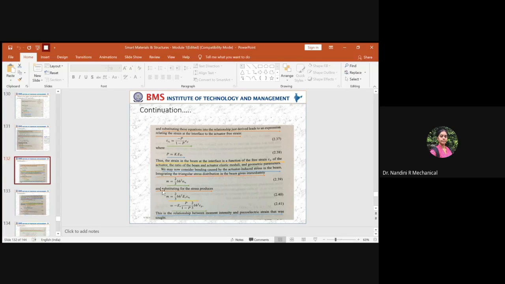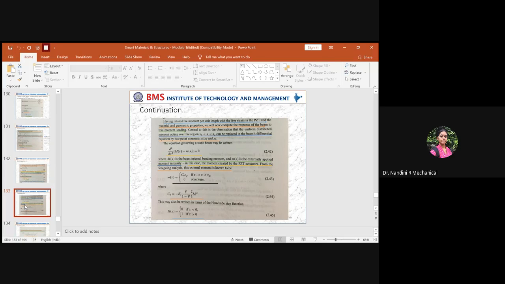This is a formula you have to write. After this, you will substitute the value of the strain across the structure which was derived previously, and show how the moment intensity and the piezoelectric strain can be interrelated.